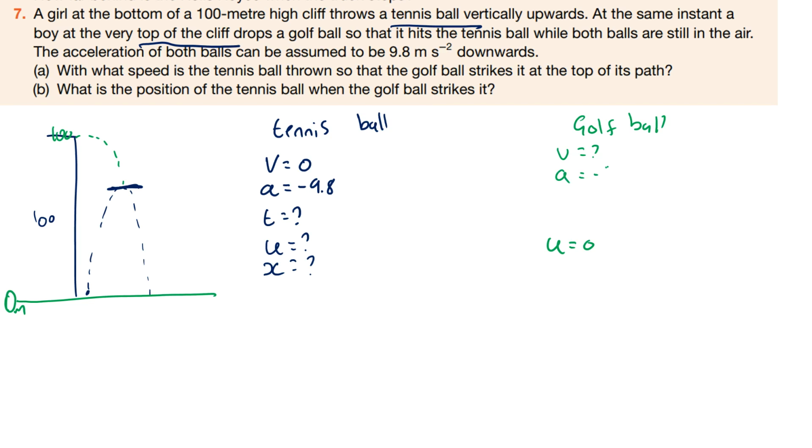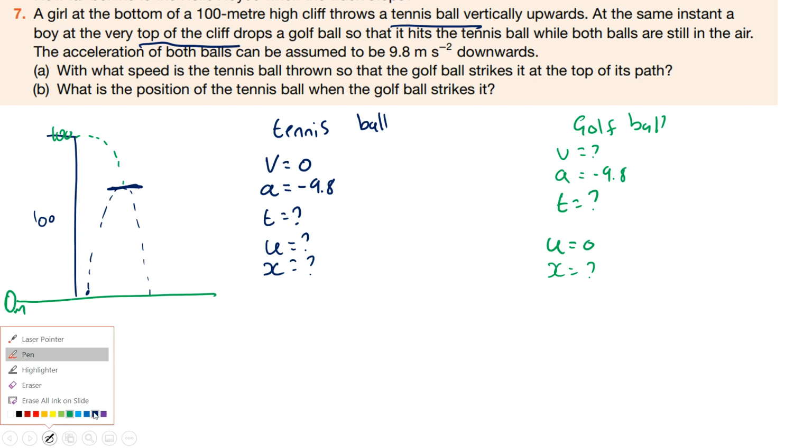We know the acceleration is negative 9.8, and we don't know what t is, or how far it has to fall. What I thought would be really useful is using x and t. So what do I mean by that?